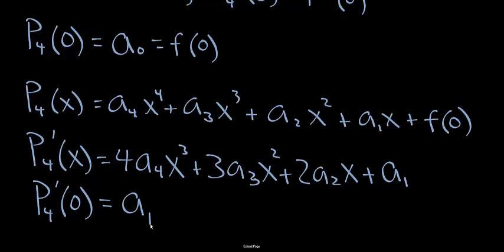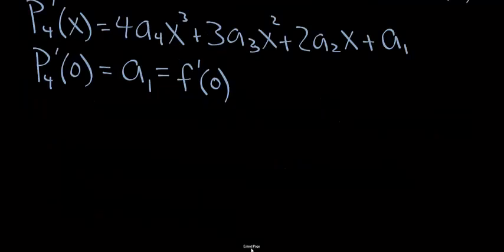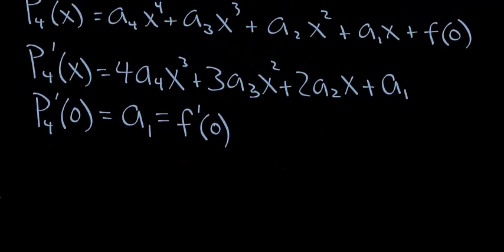Now, remember what we said was we want p prime of 0 and f prime of 0 to be equal. So, that being the case, let's make a1 to be f prime of 0. You see that? Everybody dig what we're doing? This is pretty cool stuff now. So now here's what we've got.